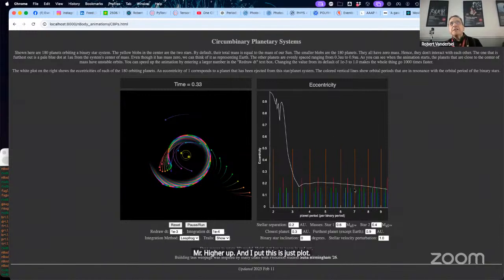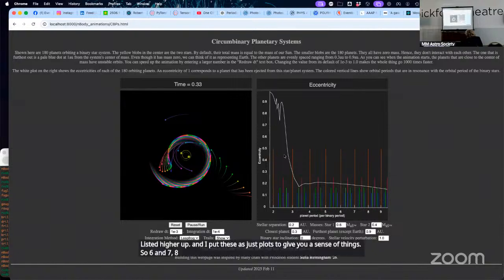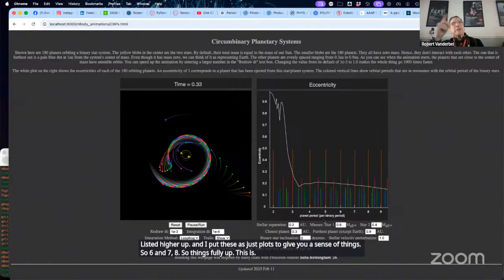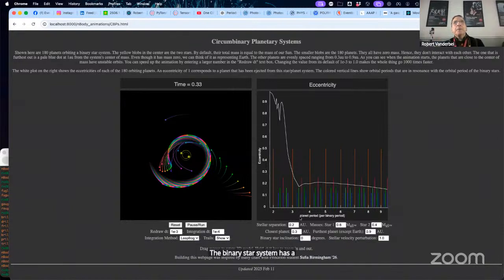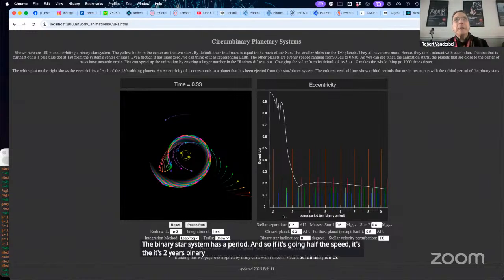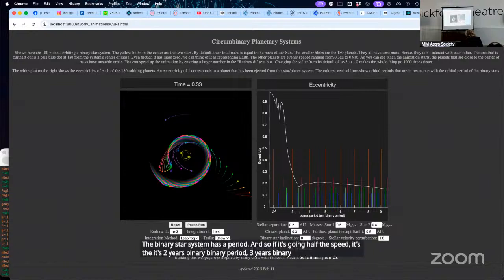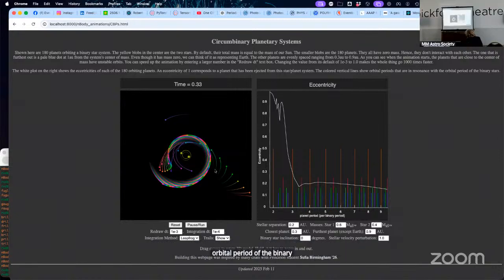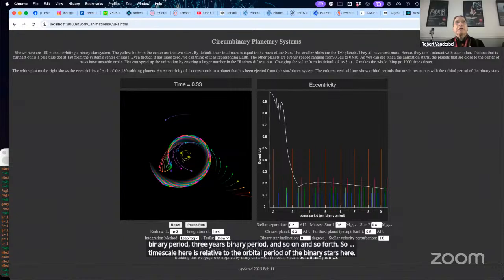The binary star system has a period, so if it's going half the speed, it's 2 years, binary period, 3 years binary period, and so on and so forth. So the time scale here is relative to the orbital period of the binary stars, and you can see the close-in ones have really gotten all messed up, and their eccentricity is going off weird.